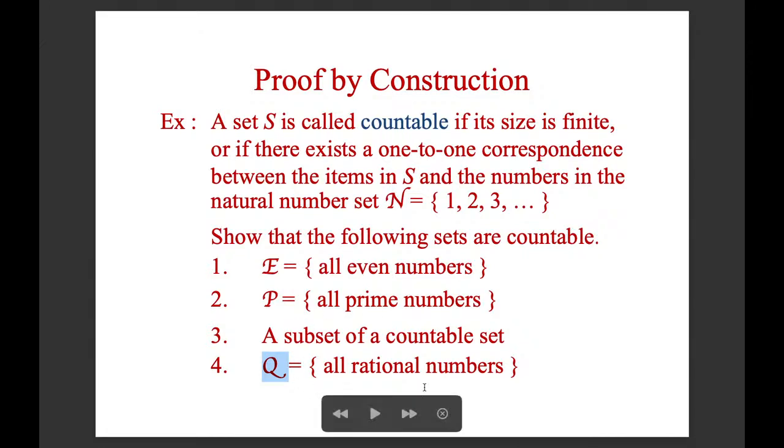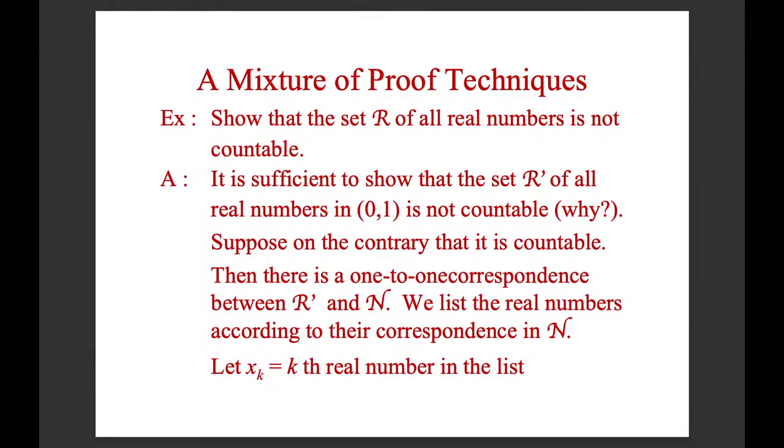Now, given a lot of examples of countable sets, it looks like, oh, is it true that everything is countable? Now, this must be no. Otherwise, we won't have a concept of countable defined, right?